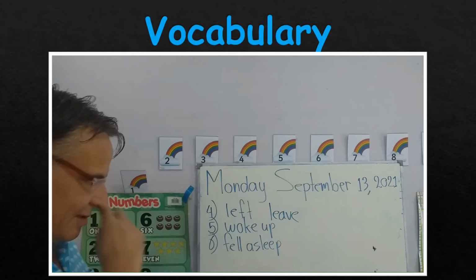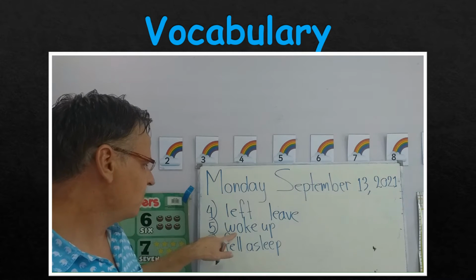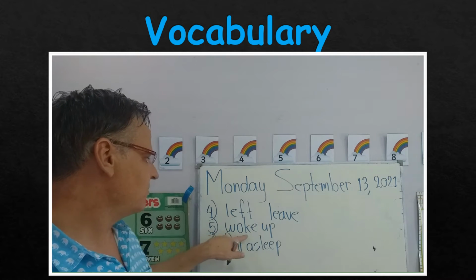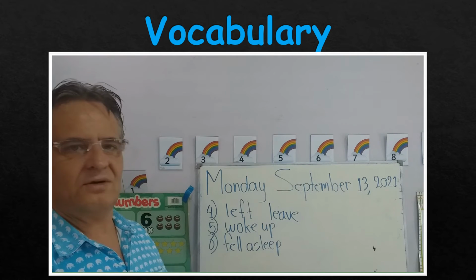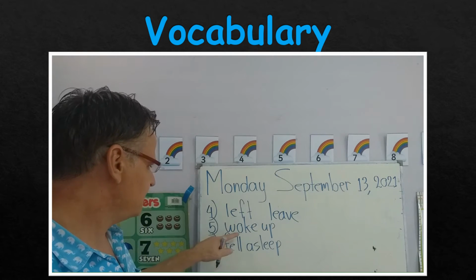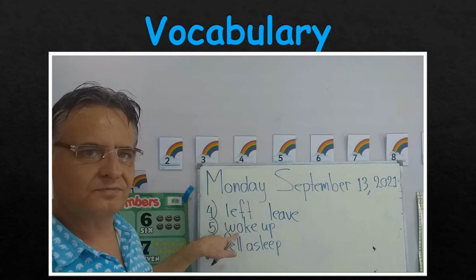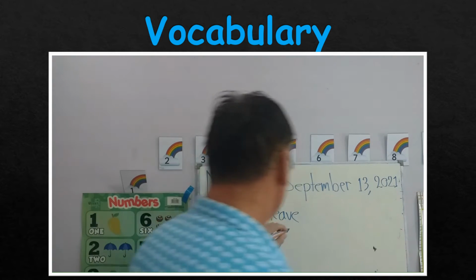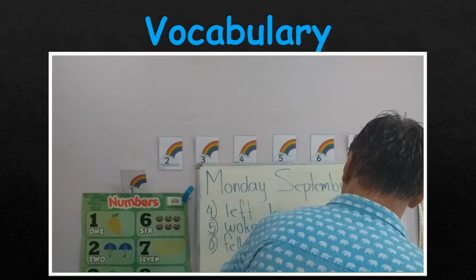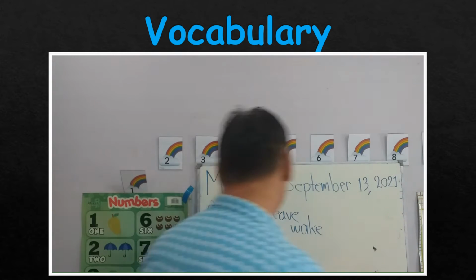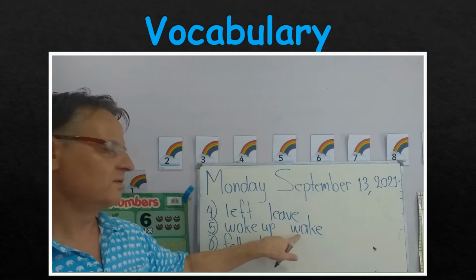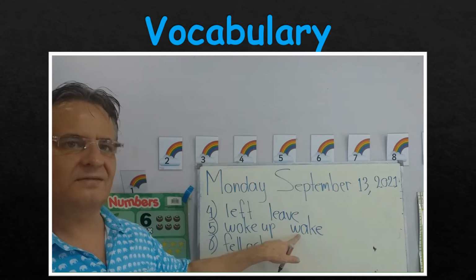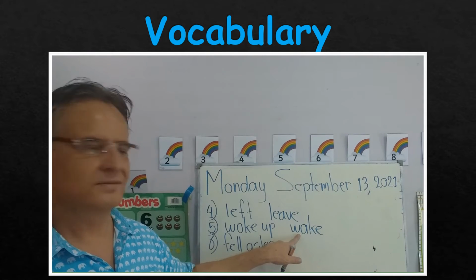Right? Okay, how about number five? Woke up. I woke up at 6 o'clock. What is the present tense for woke? Right, wake. I woke up at 6 o'clock. Tomorrow I wake up at 6 o'clock.